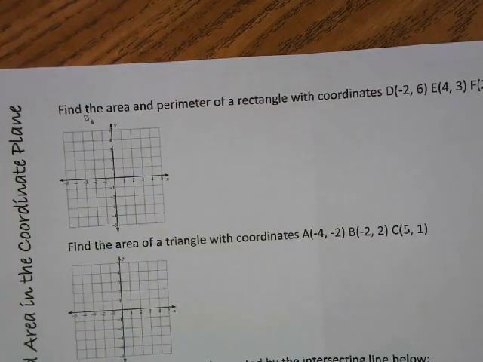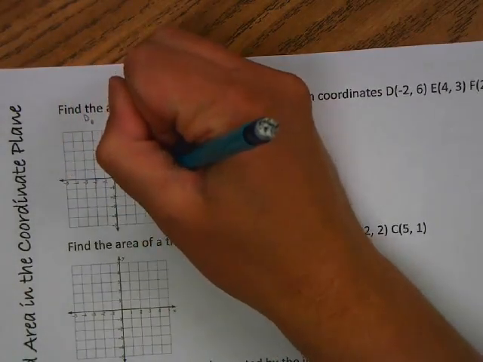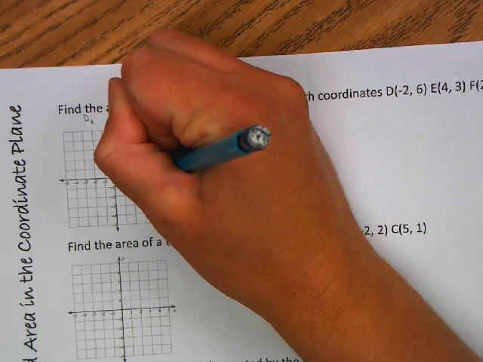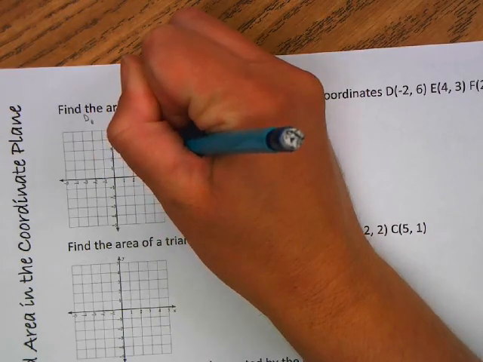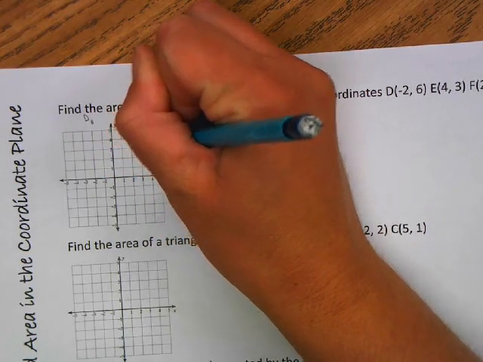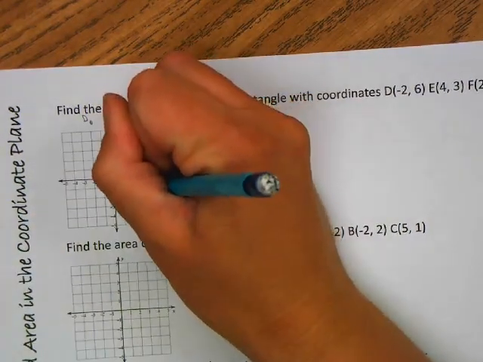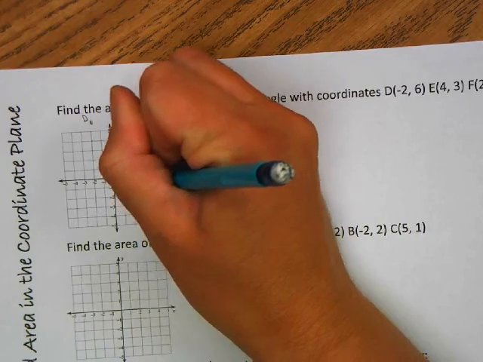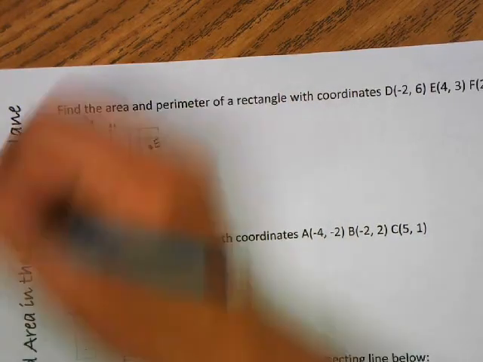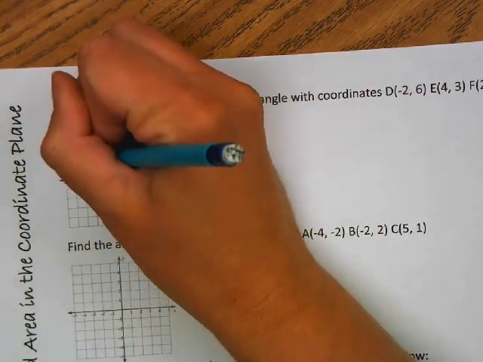And then point E is to the right 4, up 3. Point F is to the right 2, down 1. And point G is to the left 4, up 2.